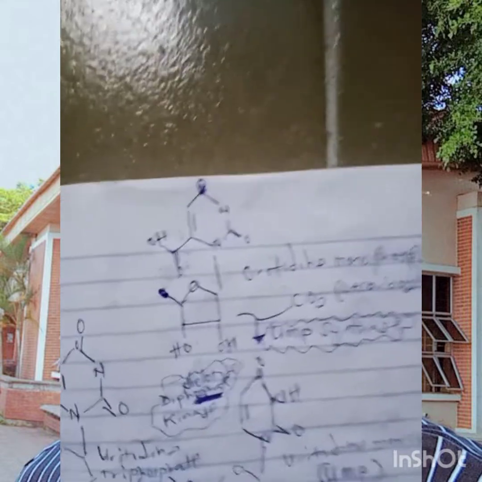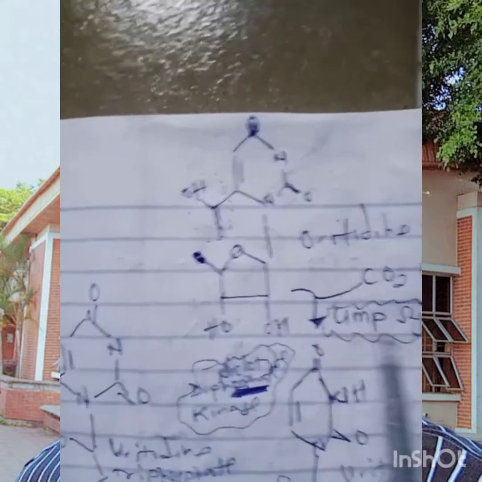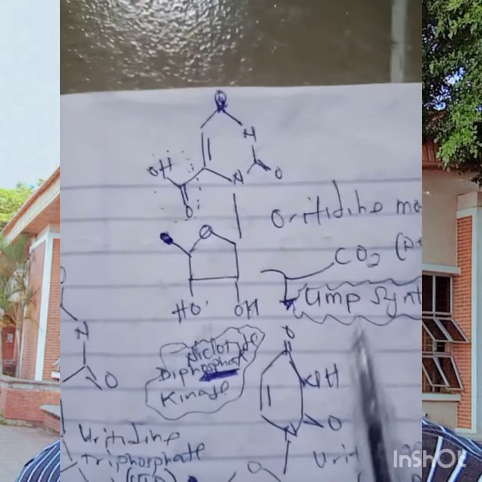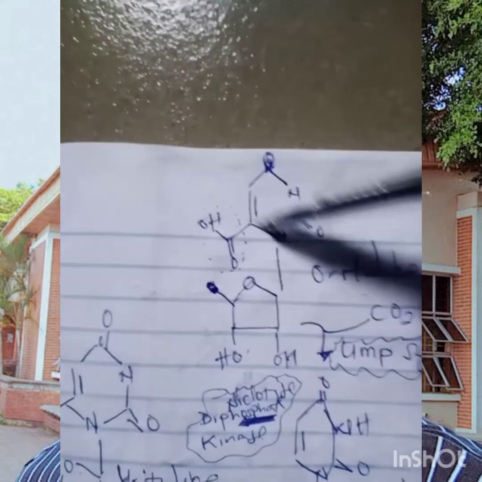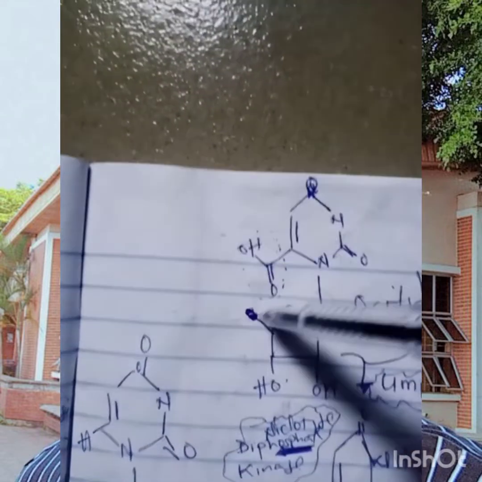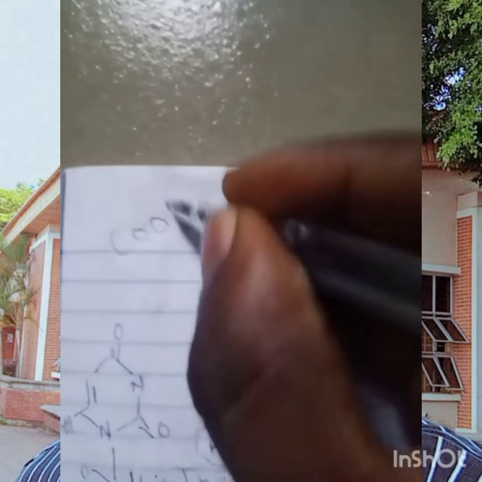And on to the next structure. We need to chop off this side. Can you tell me what structure we have here? We have COO minus.